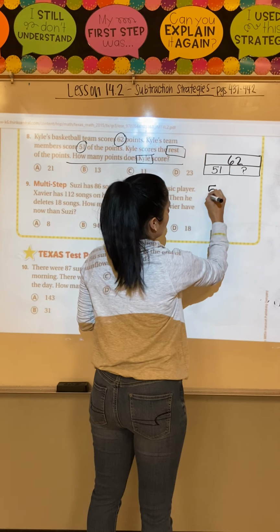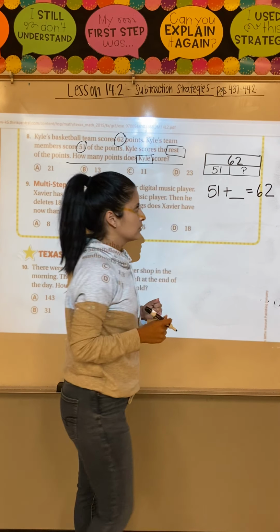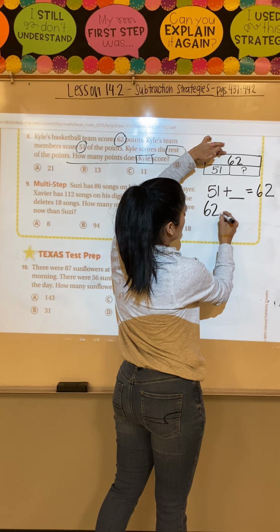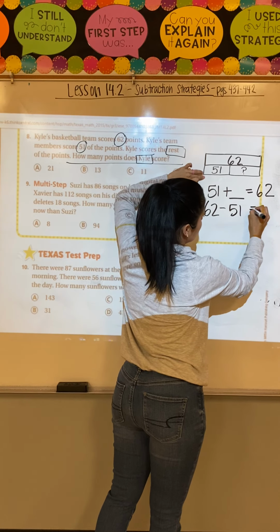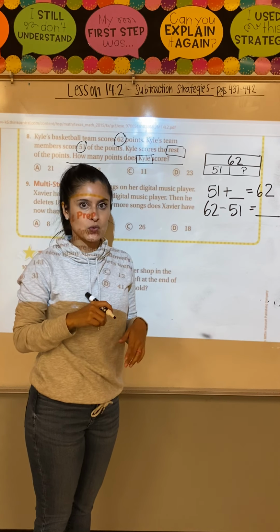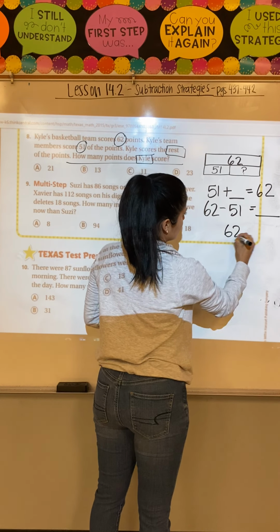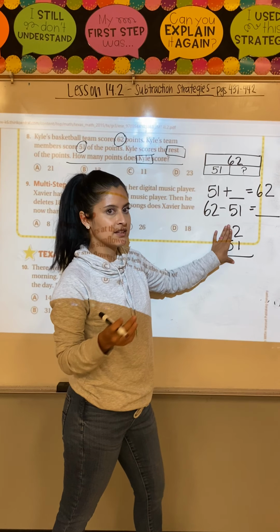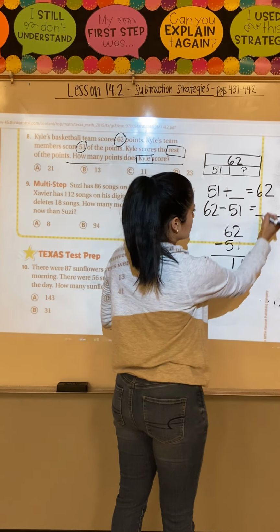So we could say 51 plus a number is 62. Well, I could also say my total minus the 51 that the team scored gives me the amount that Kyle scored. Let's go ahead and subtract. 62 minus 51. 2 minus 1 is 1. 6 minus 5 is 1. So 11.